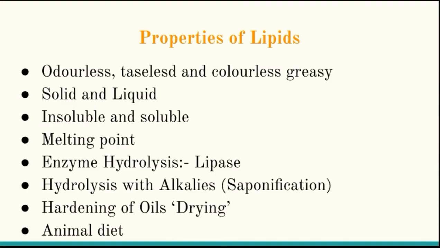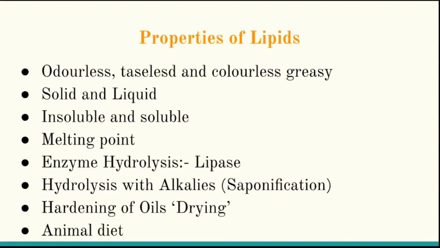The next is the hardening and drying of oils. We know very well the air drying of oil paints, varnishes, etc. Any kind of oil paint easily air dries by this hardening of oil. When oxygen attacks the unsaturated oils, hydroperoxy groups form. Next is the animal diet.